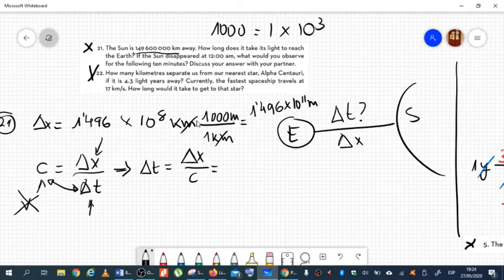So if we multiply by 1 times 10 to the power of 3, we have the same number, and we have 10 to the power of 8 multiplied by 10 to the power of 3.